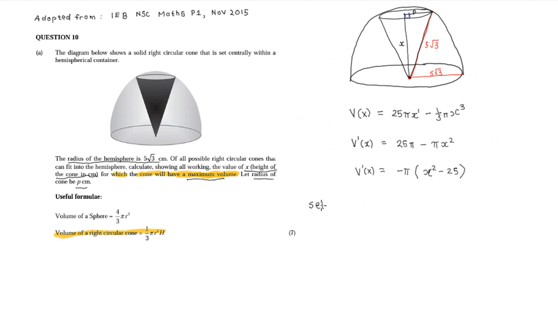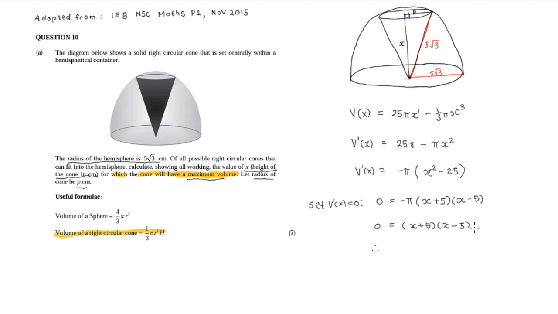So we're now going to go ahead and set v prime of x equal to 0. This will allow us to get our critical points firstly. Okay, so 0 is equal to negative pi times, if you factorize this, x plus 5, x minus 5. Dividing both sides by negative pi just gives us that 0 is equal to x plus 5 times x minus 5.